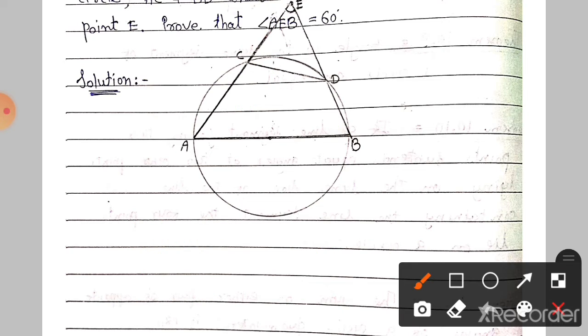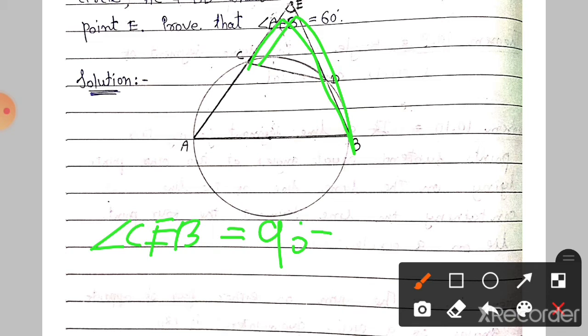So angle CEB is equal to 90 minus 30 degrees. Correct, students?